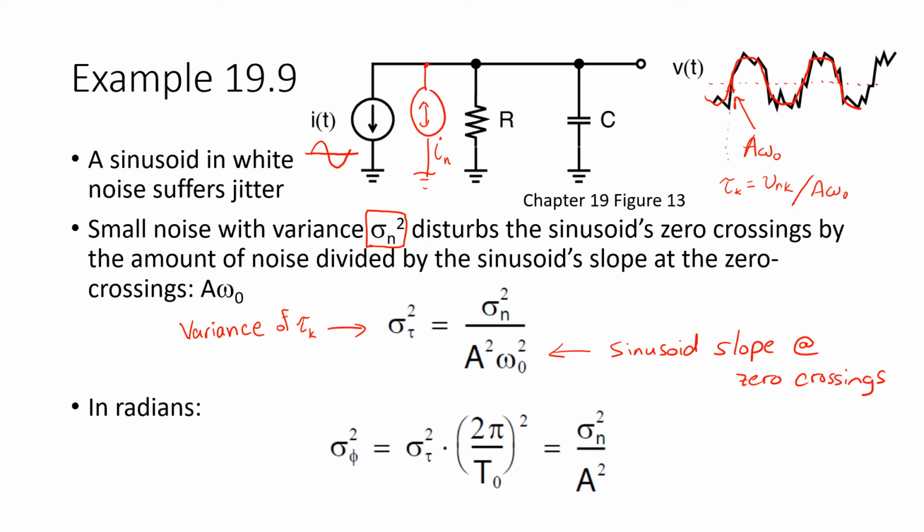Finally, we can re-represent the absolute jitter variance in terms of radians by simply normalizing with respect to the constant 2 pi over T0. Remember that omega naught is related to T0 as follows, T0 being the period of the ideal sinusoid. So that results in some cancellation, and the jitter sequence in radians has a variance that's related to the voltage noise variance, very simply, as shown here.